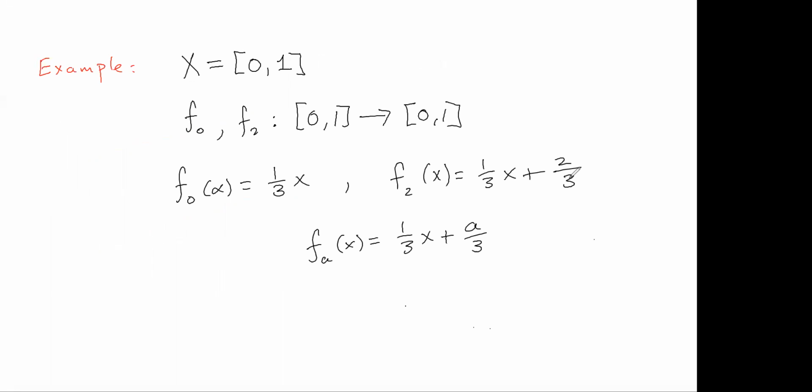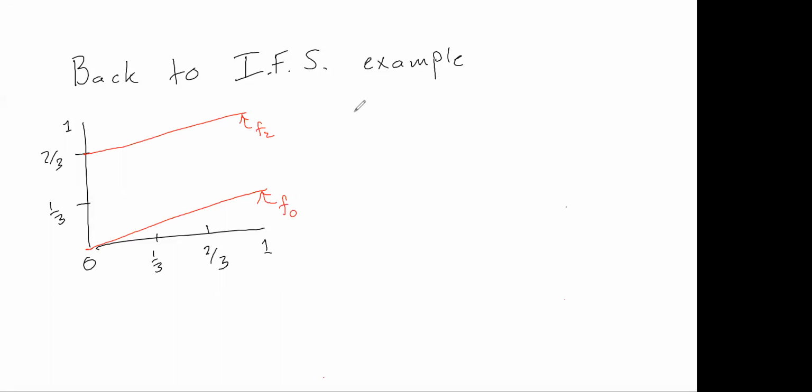Okay. Then what? Notice that F0, the image of the interval [0, 1], is this interval here. So this whole interval [0, 1] here, the image of that under F0 is this interval, [0, 1/3].